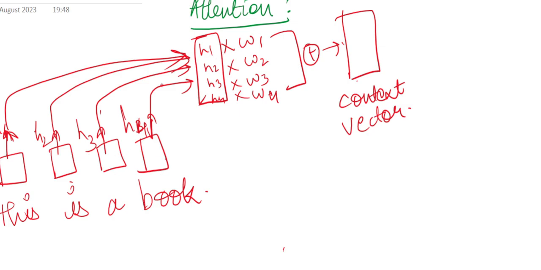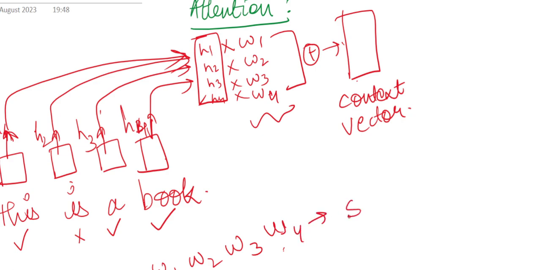Now we can decide that h1 is to be given more weightage or less weightage. It can be given less weightage. It can be given more weightage. Book can be given even more weightage. These weights, W1, W2, W3, and W4, are calculated using the softmax function.